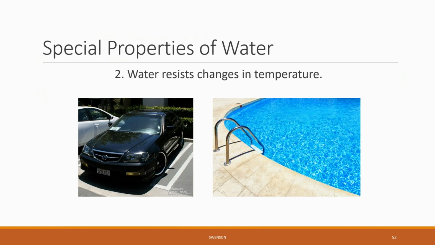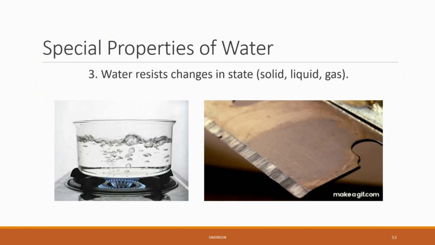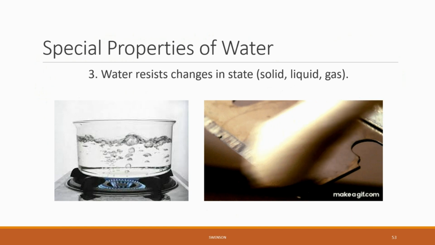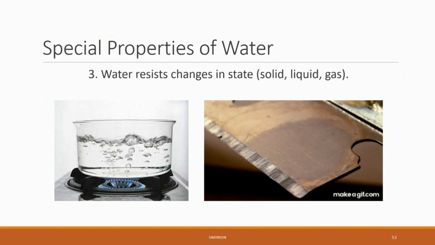Another special property of water is that it resists change in temperature. So it tends to not easily boil away or freeze. It tends to maintain a state for a longer period of time. So it resists a change in state. It can resist going from a solid to a liquid and a liquid to a gas.